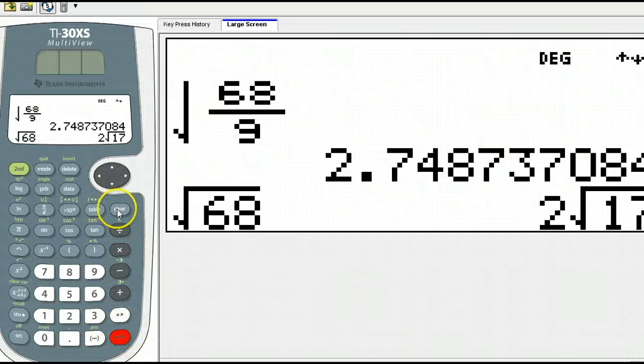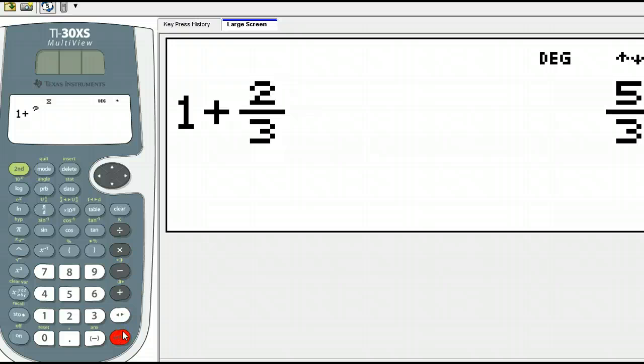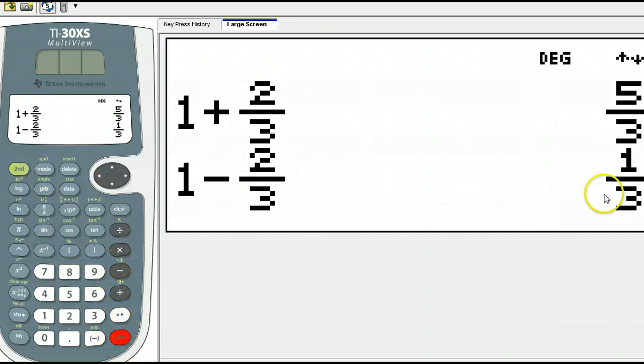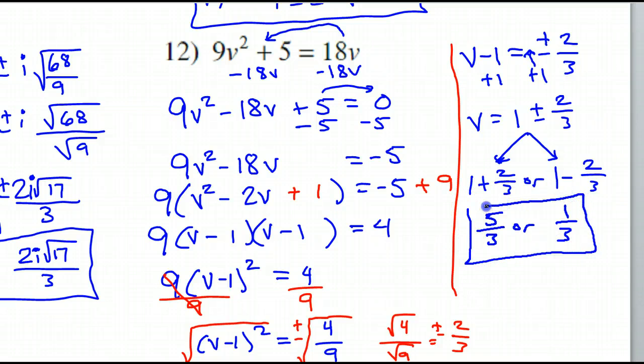So 1 plus 2/3, okay, that's 5/3, and 1 minus 2/3, that's 1/3. So 5/3 and 1/3. So these would be the two solutions.